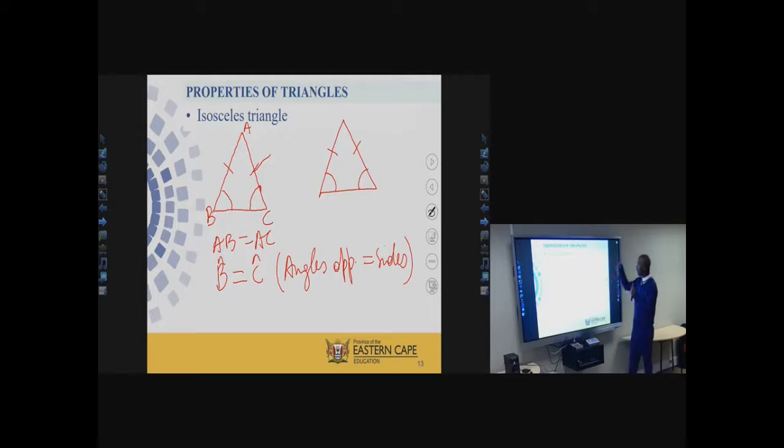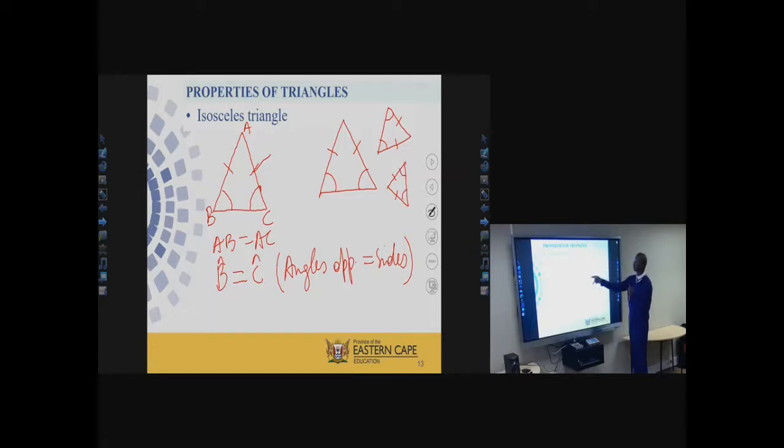But I don't want us to think that always the sides that must be equal are those ones. You can still have your isosceles triangle like that one, with that equal to that. In that case, this angle is equal to that angle. You can have your isosceles triangle looking like that, and this equal to that. In that case, angles opposite equal sides, that will now be equal to that.